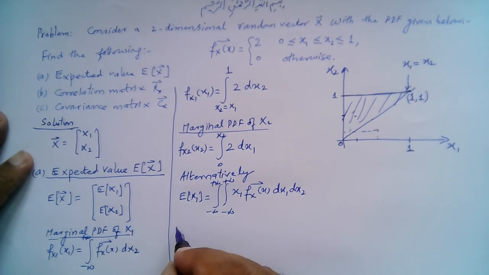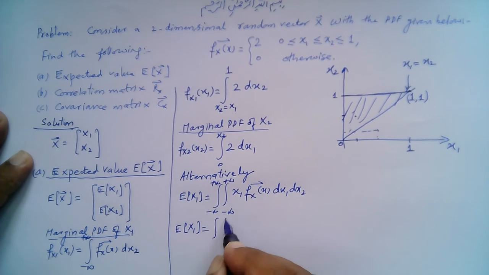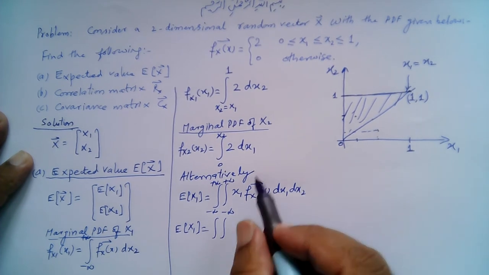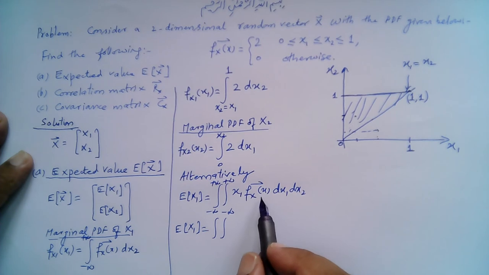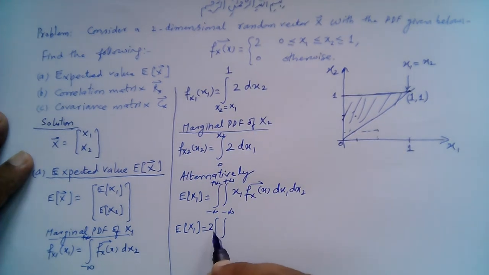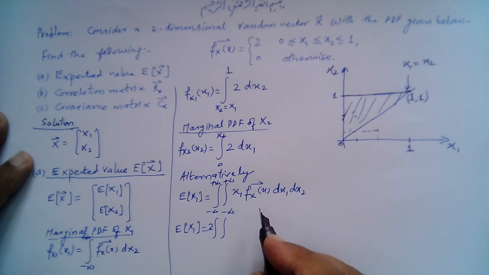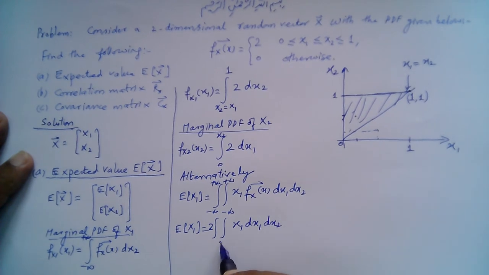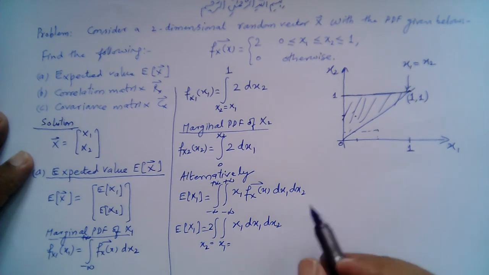So the expected value of x1 is given by x1 multiplied by this PDF of the random vector, which is 2. So 2 is a constant, we can write it outside here, and we are left with x1, and we need to integrate with respect to x1 and with respect to x2. So this will be the limit for x1 and this will be the limit for x2 here, which can be found from this region here.